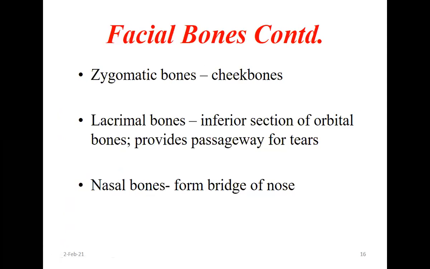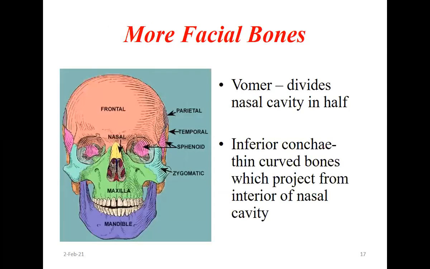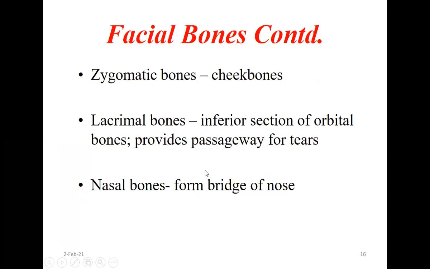Now coming to the other bones of the face after the mandible and maxilla, there are the zygomatic bones, which are also called the cheekbones, which give the shape to the cheek on either side. Then we have the lacrimal bones, on the inferior section of the orbital bone, providing passage for the tears.